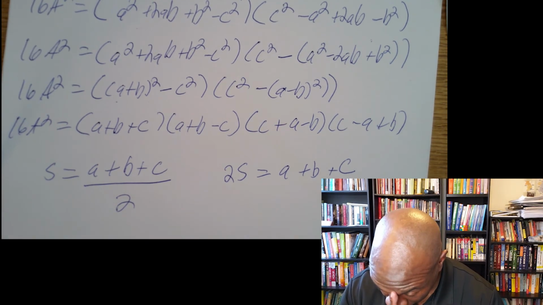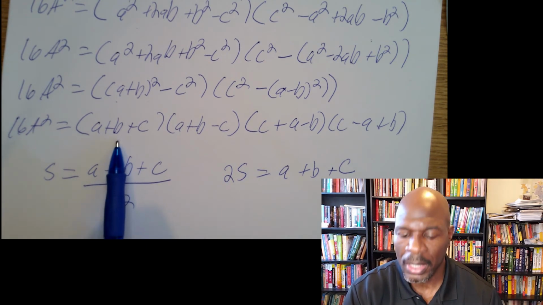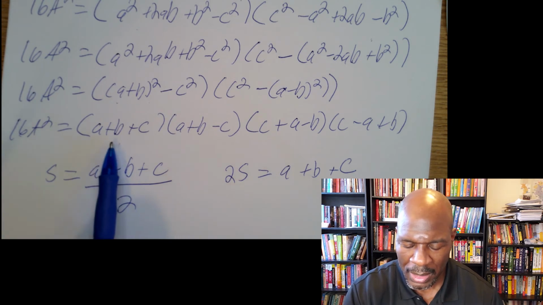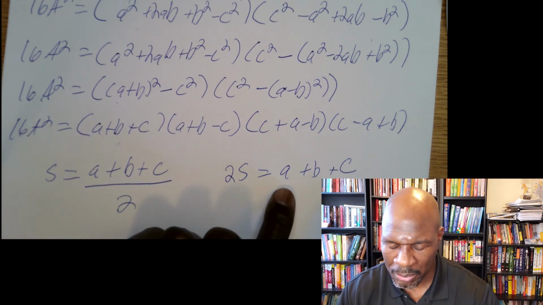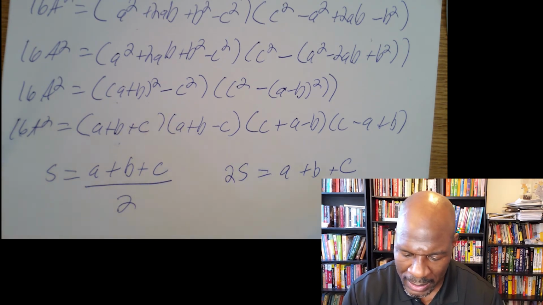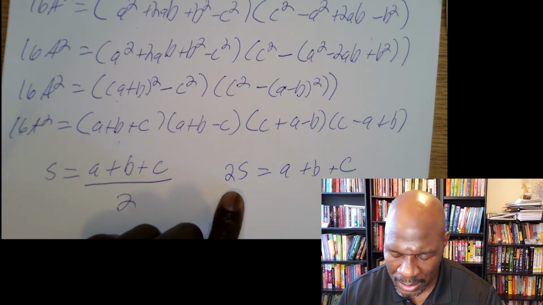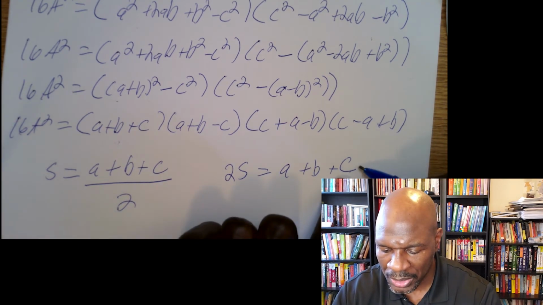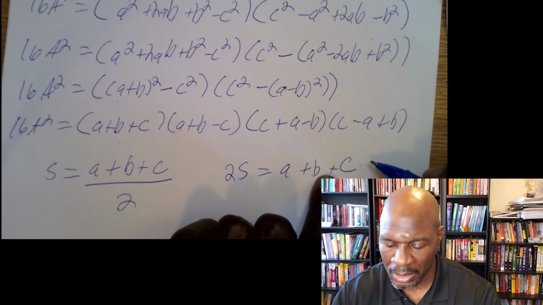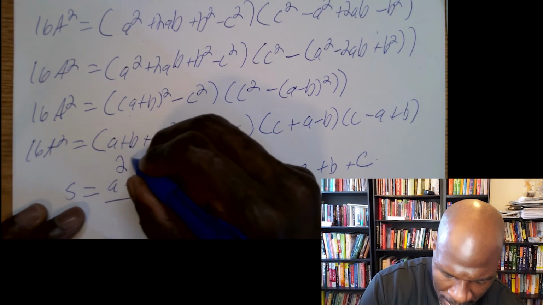All right, cool. Now, if you look at these four guys here, this guy right here, that's 2s. That's what I just defined as 2s. This guy is close to 2s, but look, instead of a plus b plus c, it's a plus b minus c. So what do I have to do to 2s in order to turn this plus c into a minus c? I got to subtract 2c from it, because c minus 2c would be negative c. So again, this guy here is 2s.